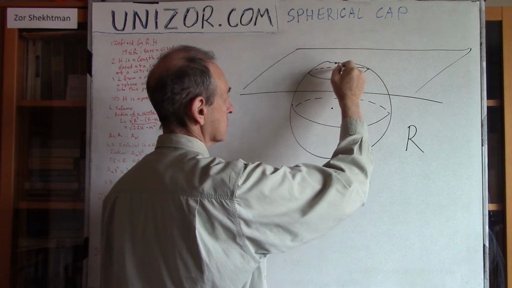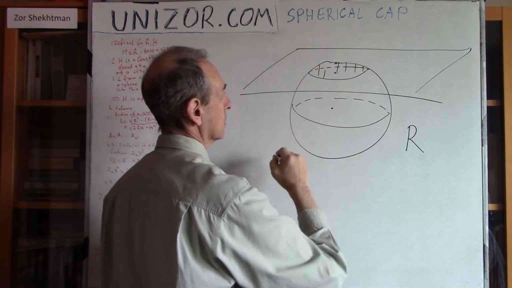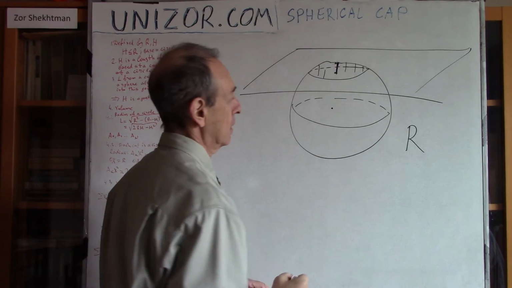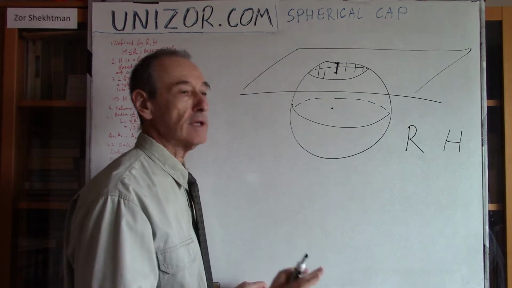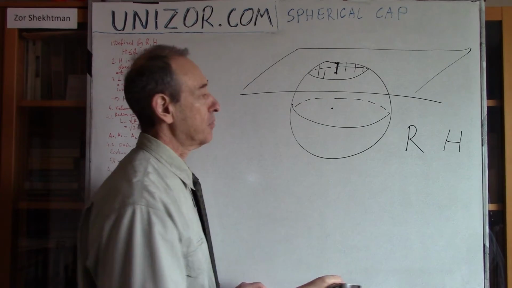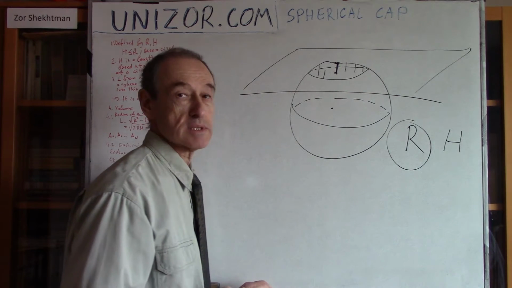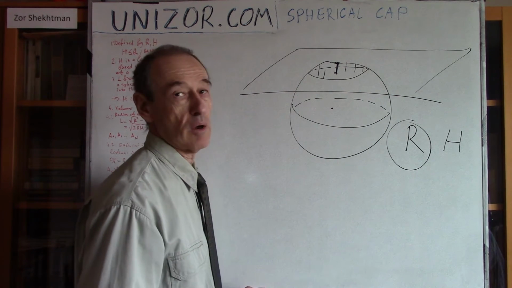If you take some perpendiculars, the longest is the height, and that is h. So the height or altitude of the cap and the radius of the sphere from which this cap is cut are two parameters which define our cap.